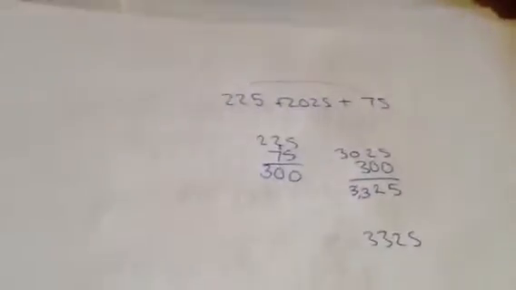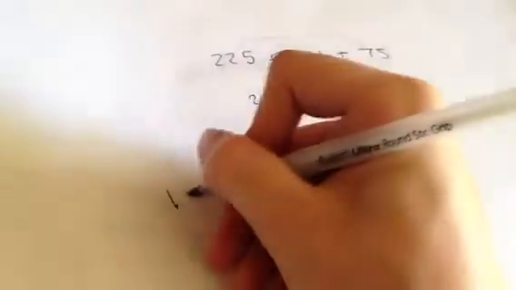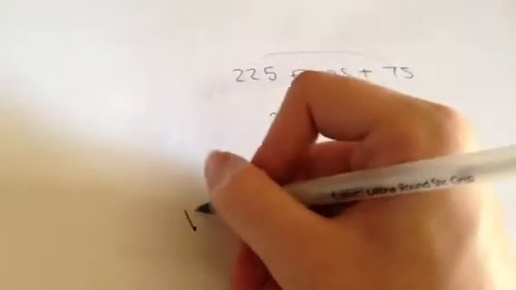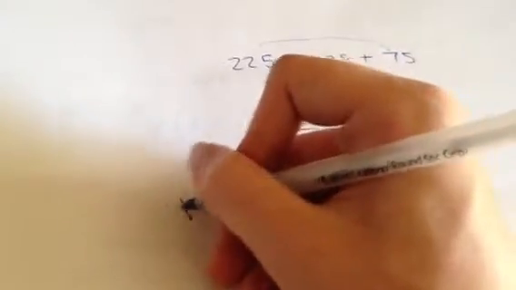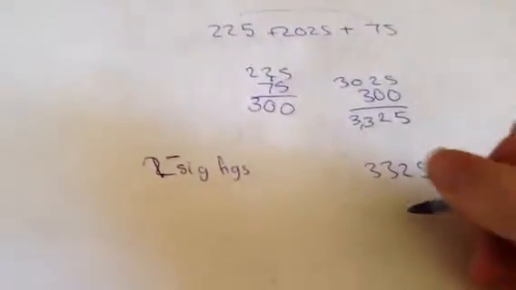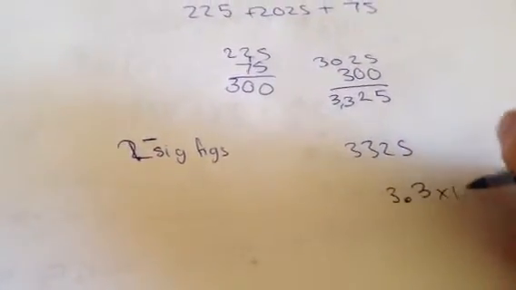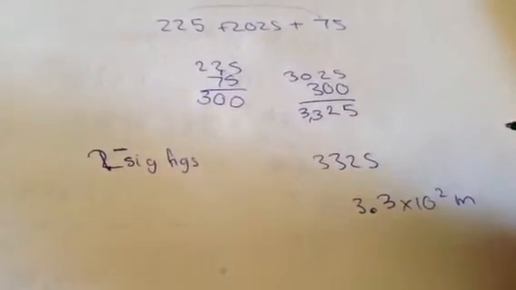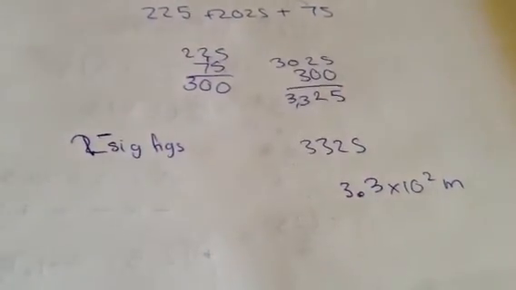However, when we look at our significant figures, our first given value was basically only 2 significant figures. So we can only write this as being 3.3 times 10 to the 2 meters. Sorry to cut it short, but that's basically what we do here.